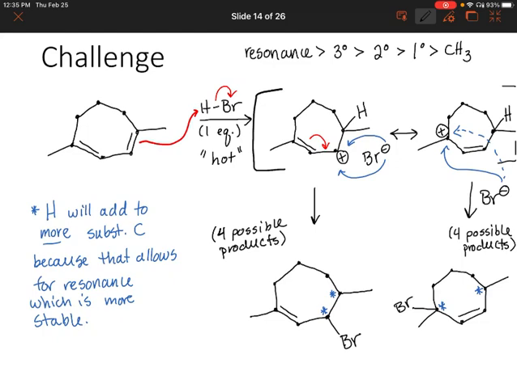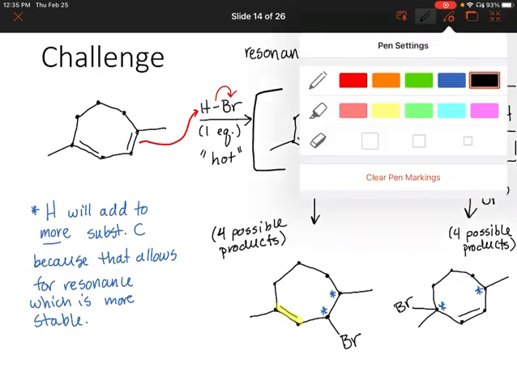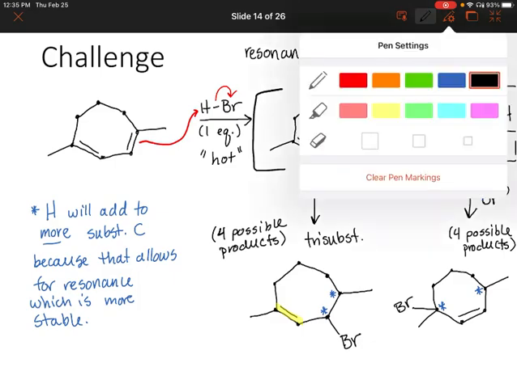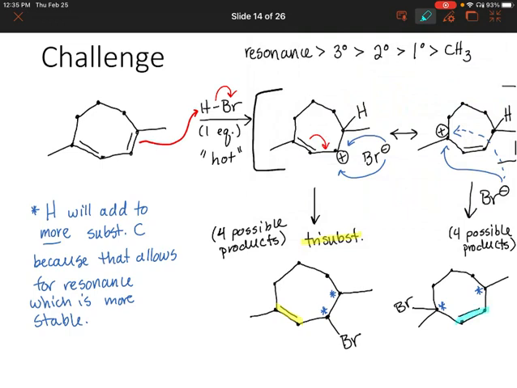Okay, so now let's talk about our alkenes, our double bonds. For the yellow one, is that mono, di, tri, or tetra substituted? Tri substituted. All right, and what about our other product?